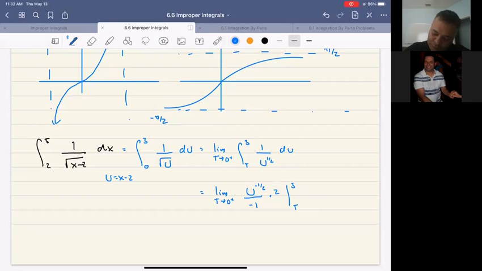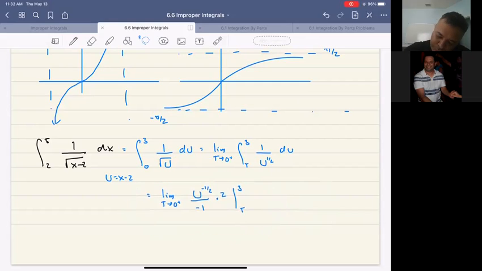So that's equal to the limit as t goes to 0 from the right of negative 2 times, nope, I made a mistake in my integral.